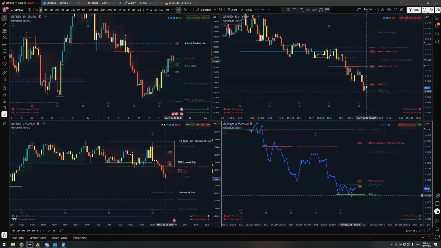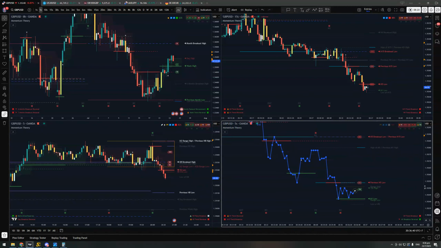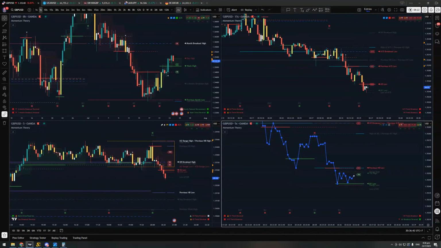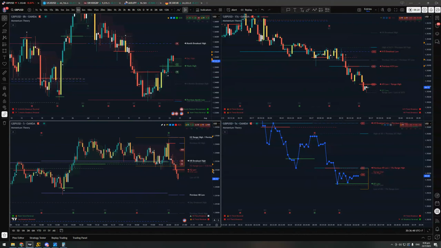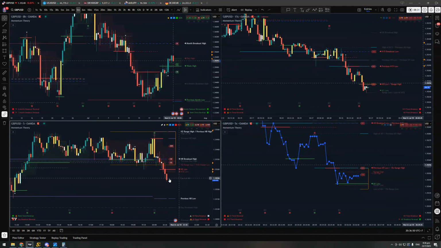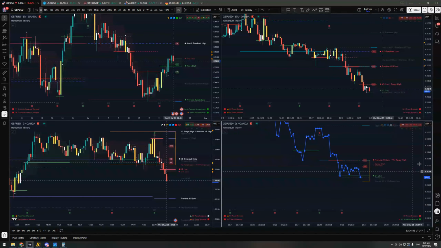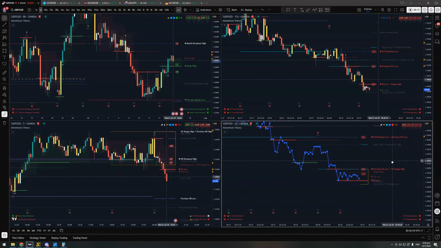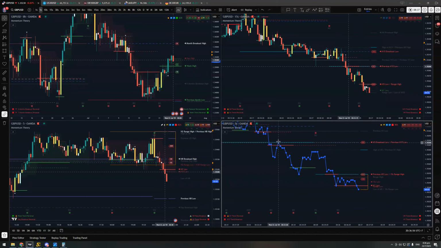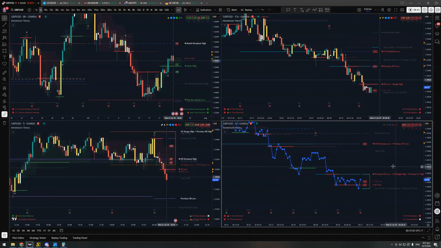We have a little bit of rejection here. Let's see, I'm trying to get a sniper entry on this one, trying to get in as low as I can at the low of the H8s. But again, if my direction is wrong, then I'll never get an entry because momentum is continuing to show me that it's bearish.